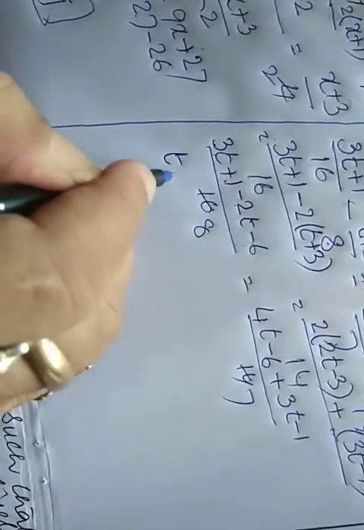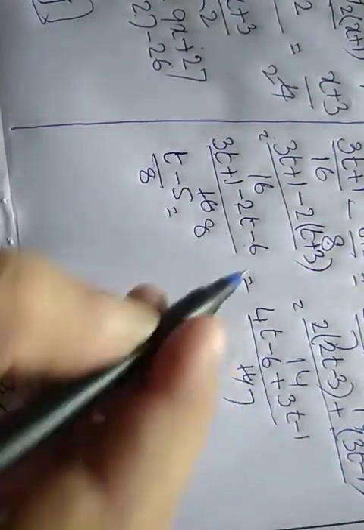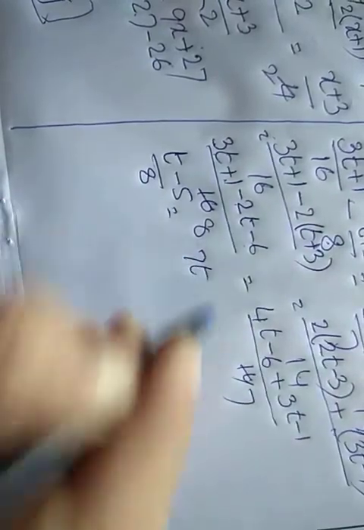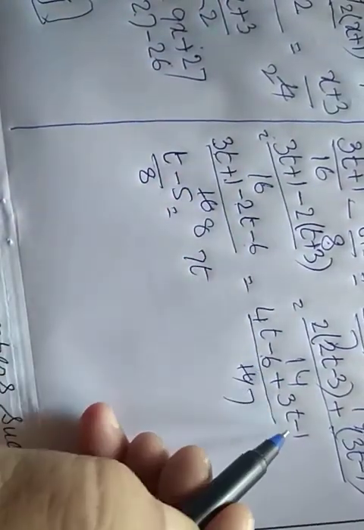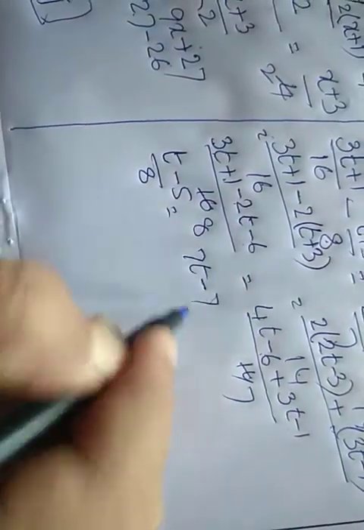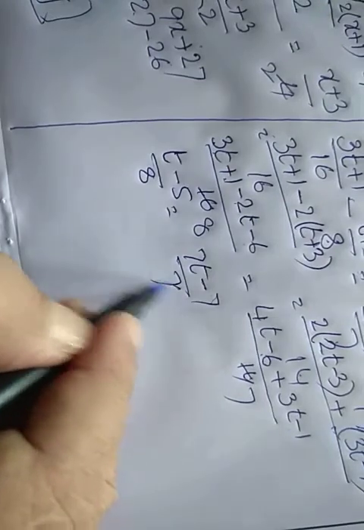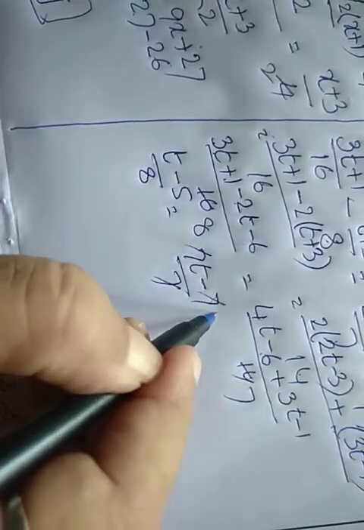Plus 1 minus 6, minus 5 by 8 is equal to 4t plus 3t, 7t, minus 6 minus 1, minus 7. Clear? By 7. You can cancel this 7 and this 7, here 1.